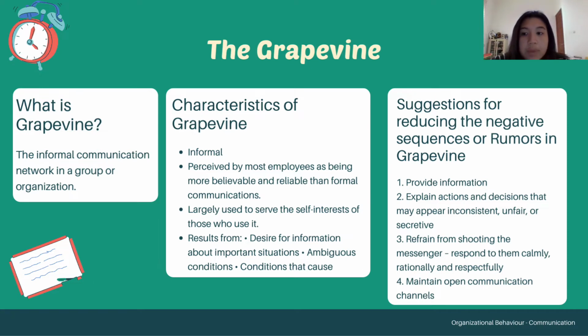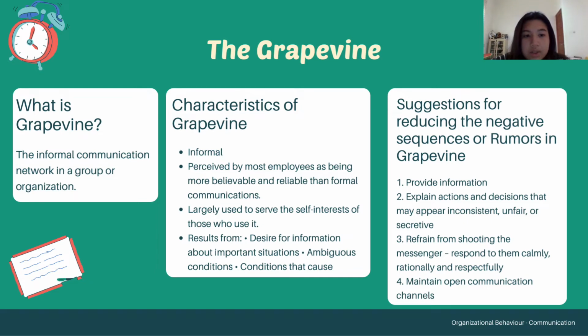It results from a desire for information about important situations, ambiguous conditions, and conditions that cause anxiety. In the grapevine, rumors can emerge as a response to situations that are important to us, when there's ambiguity, and under conditions that arouse anxiety.